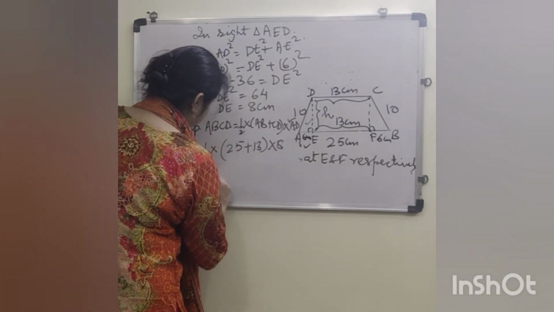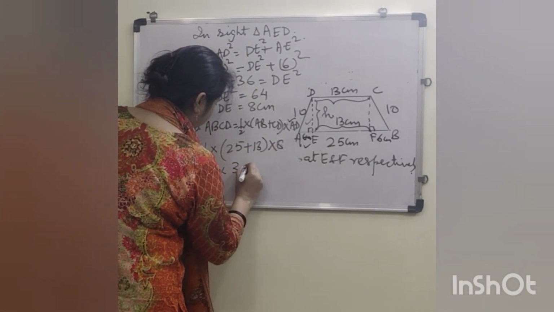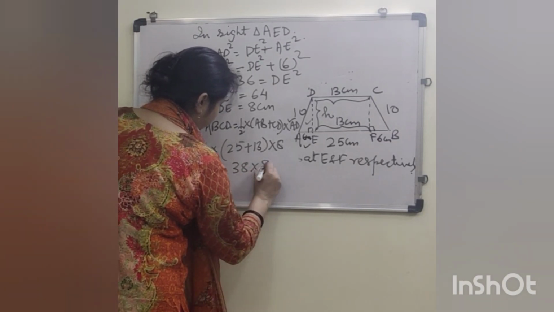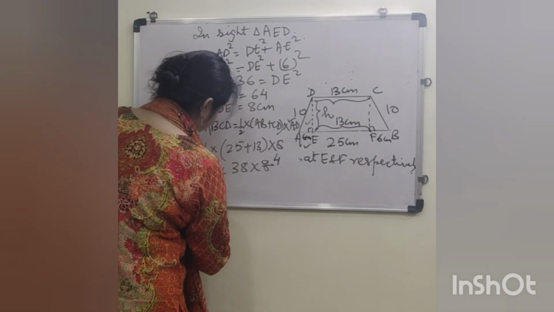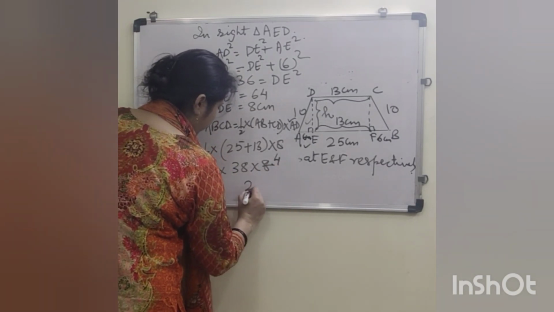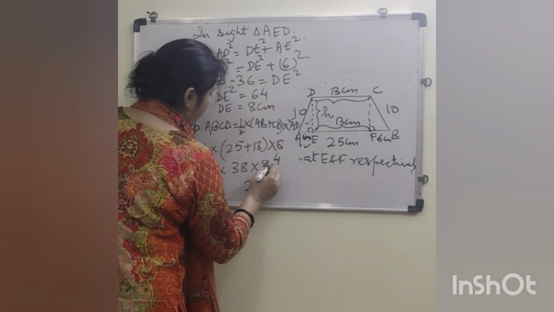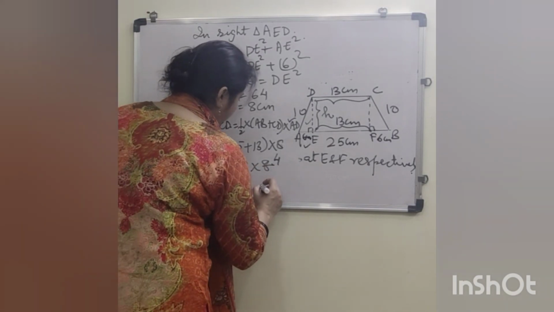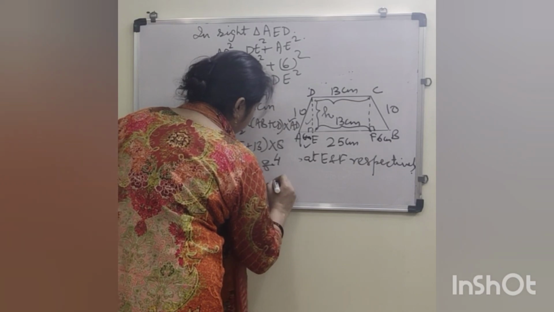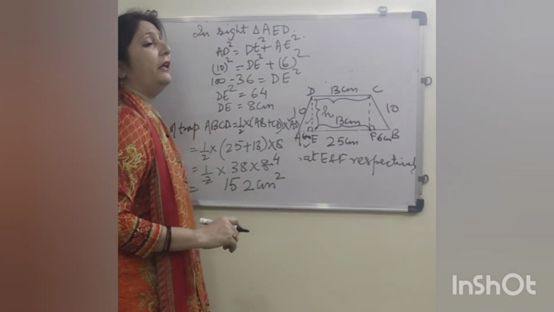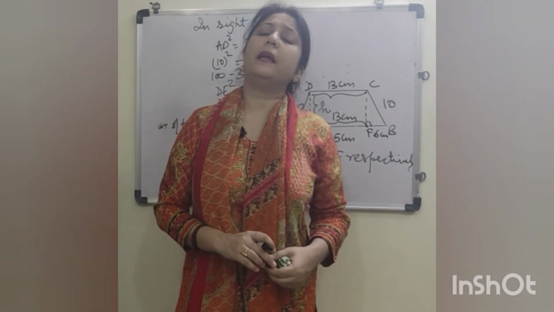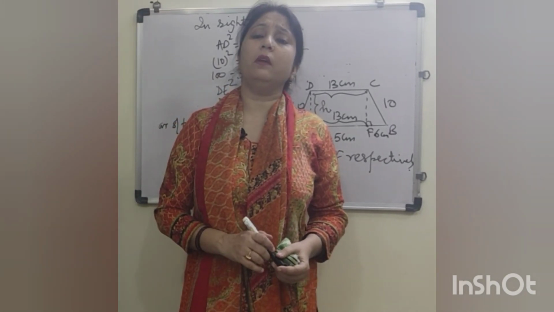That is half into 38 multiplied by 8. So you do the multiplication. 4 8s are 32. 4 3s are 12 and 3, 15. 152 centimeter square is the area of this isosceles trapezium.